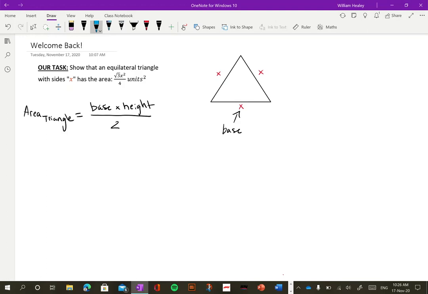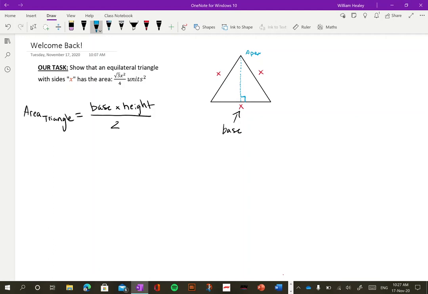And in order to find the height of a triangle, we need to go from its apex, or its top corner, and draw an imaginary line straight down which is perpendicular to the base, which means it comes at a 90-degree angle with the base.